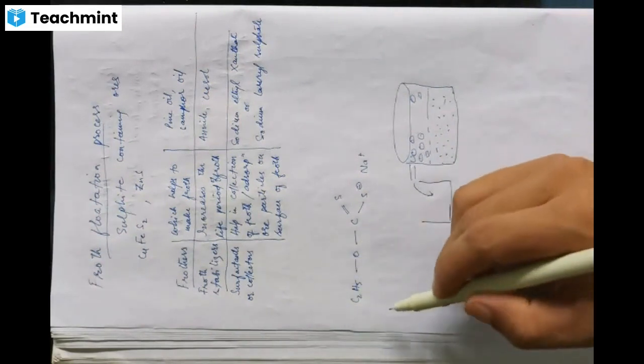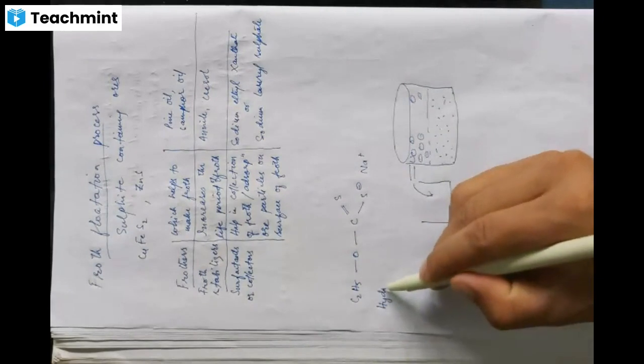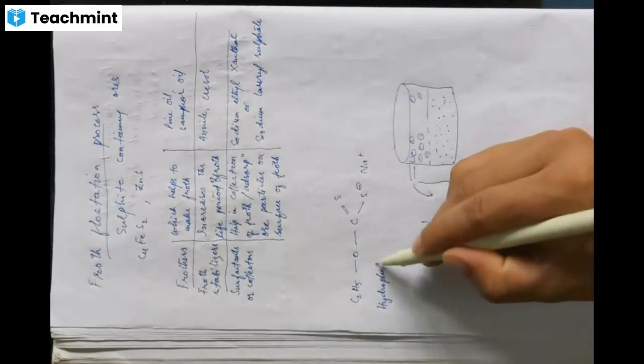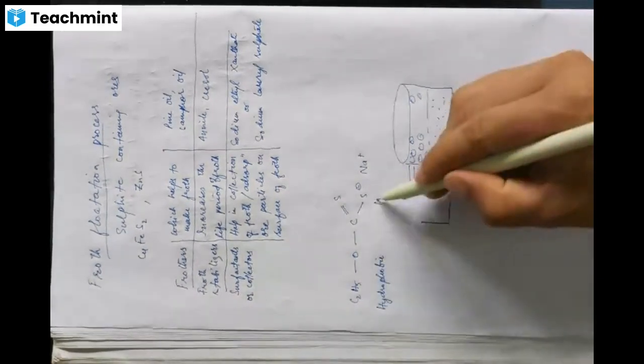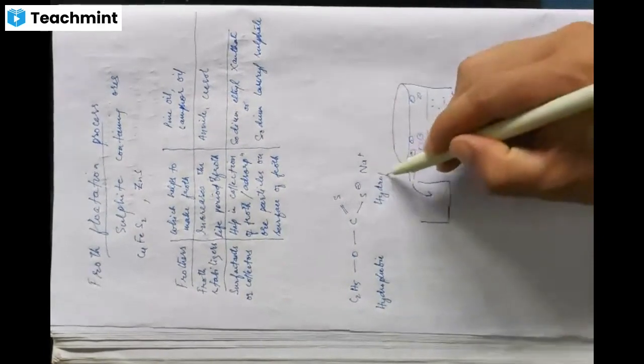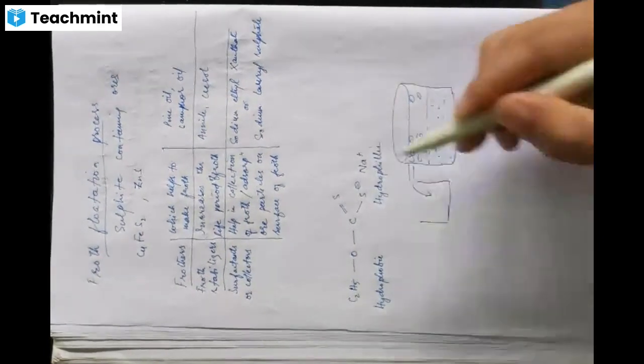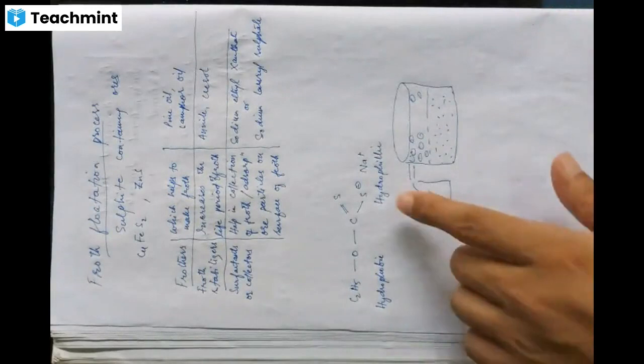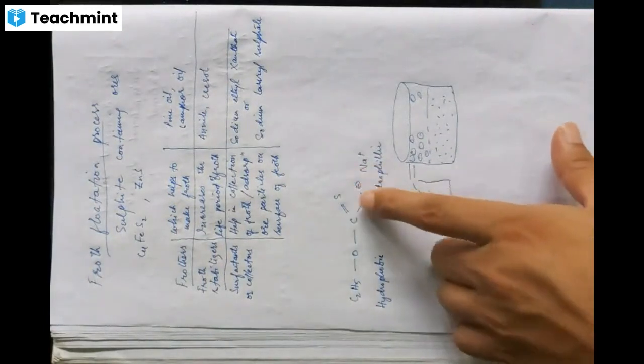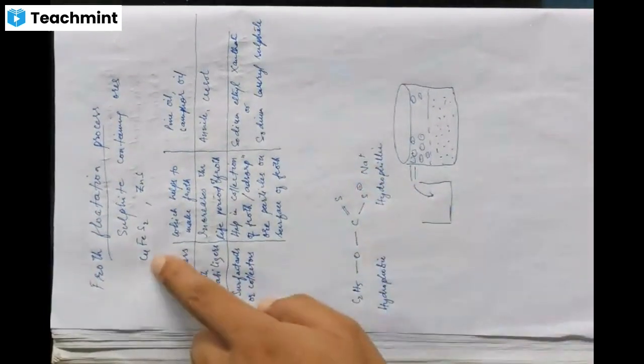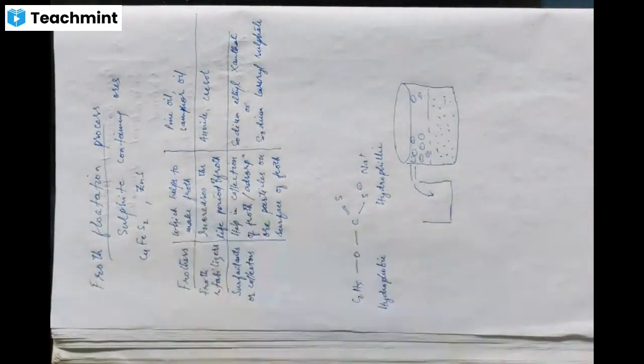So we can say these are hydrophobic, and these are hydrophilic. Now, this end, we know that suppose copper or zinc, they are positively charged. These central metal ions, the d block elements, are taken to be positively charged.